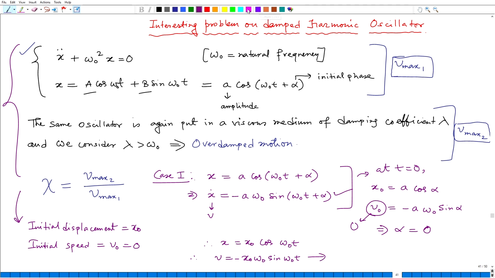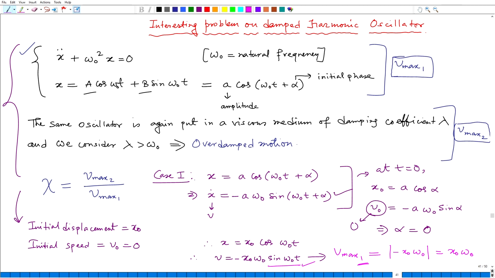V max 1, and I put this index 1 because this is for the first case, will be equal to the modulus of minus x0 omega 0. This will be maximum when sin omega 0 t is 1, and that will be x0 omega 0. This is pretty easy.